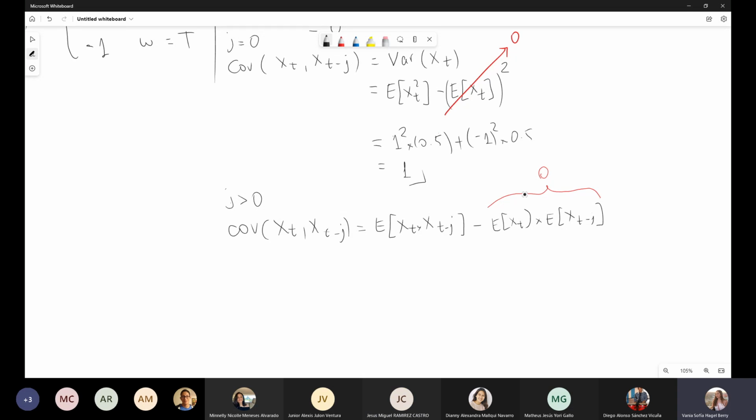I would say no. Okay, so these guys are independent. If these guys are independent, the expected value of the product of two independent random variables would be the product of the expected values of each, and this product should be 0 as well.